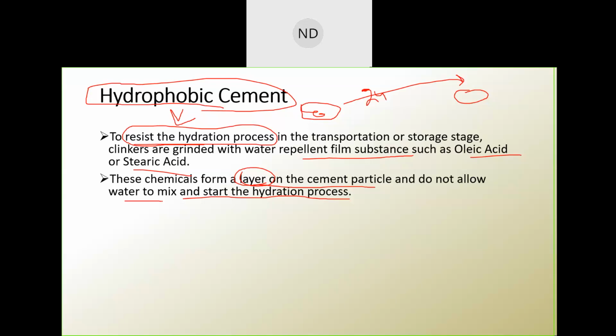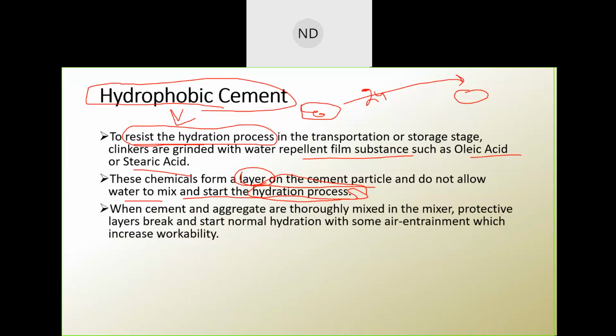So cement and water will not get mixed, and as they are not going to mix, your hydration process can be stopped or delayed. After some time, your layer will get reduced when you mix it again on the site. So you can use it for all those purposes, when cement and aggregate are thoroughly mixed in the mixer.